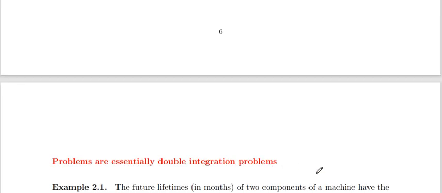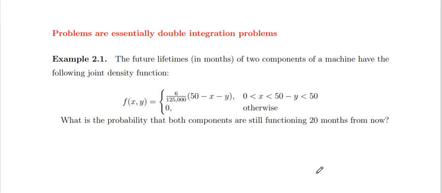If we want to find the covariance, it just becomes a double integration. So many probability problems are just double integration. For example, let's say we have the joint density function f(x,y).